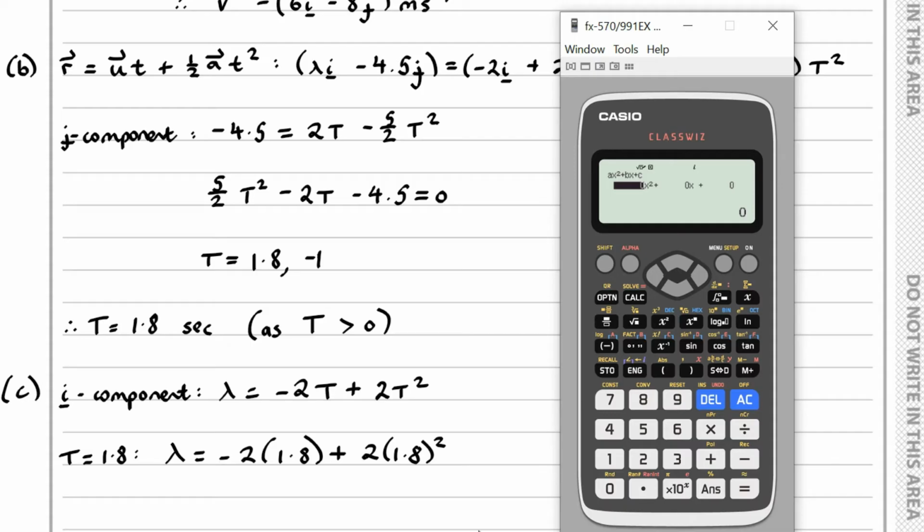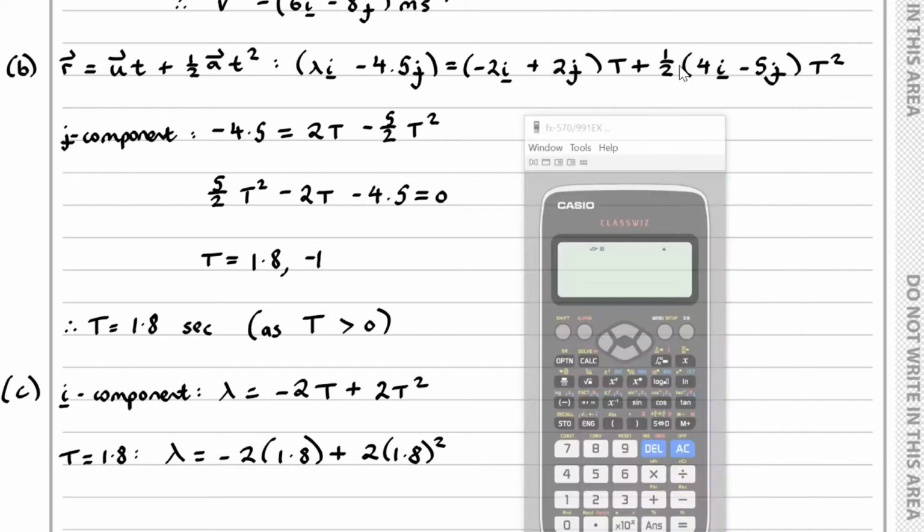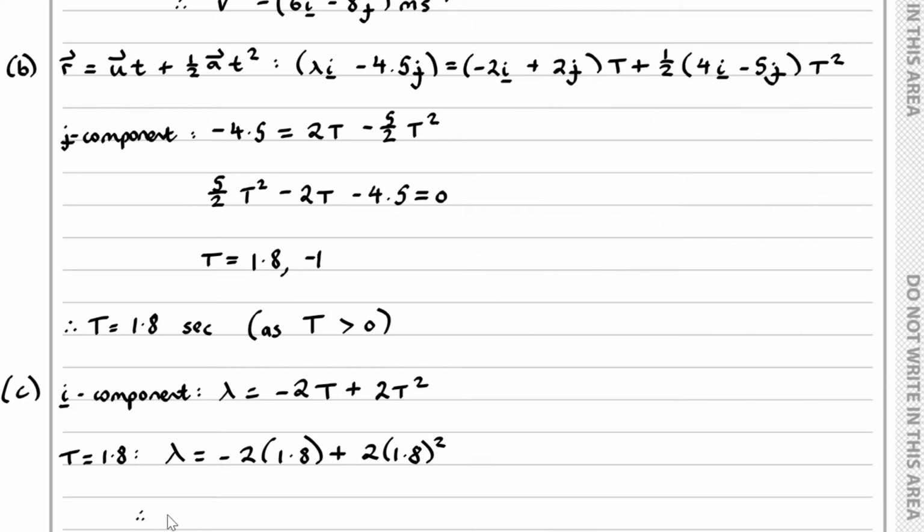And if we work all of this out, we have minus 2 times 1.8 plus 2 times 1.8 squared. Turns out we get 2.88. So therefore, lambda is equal to 2.88.